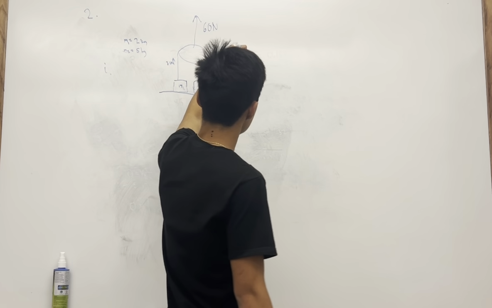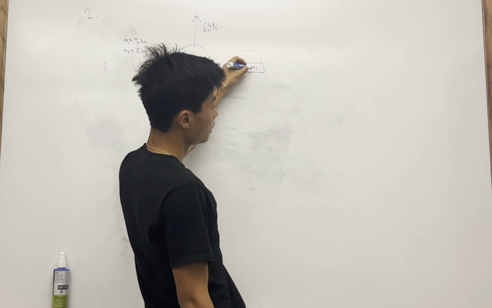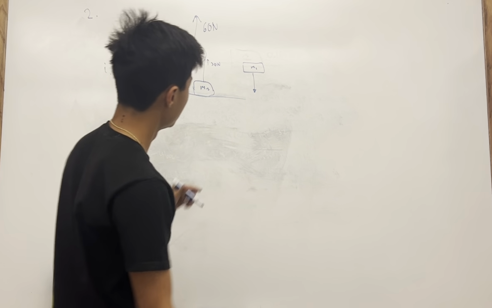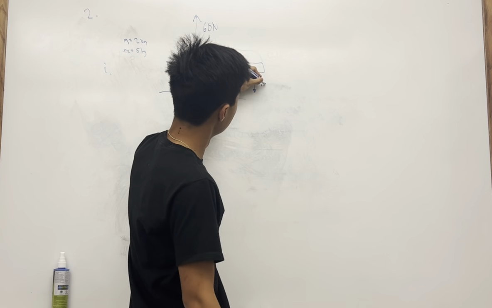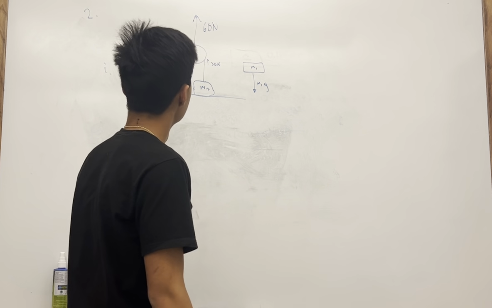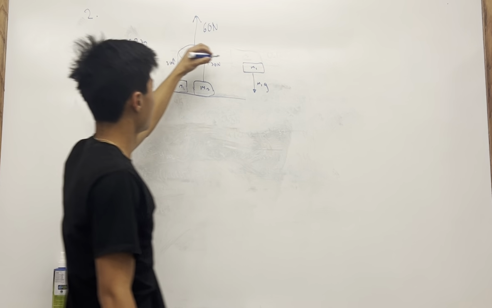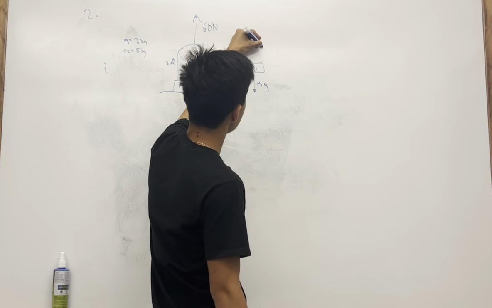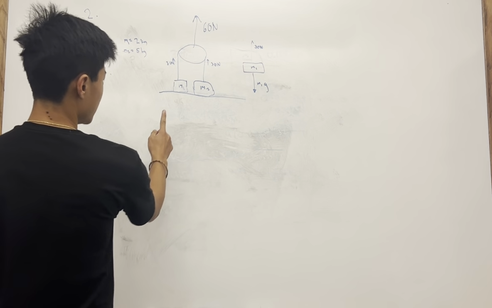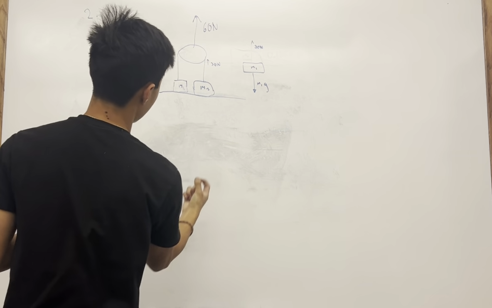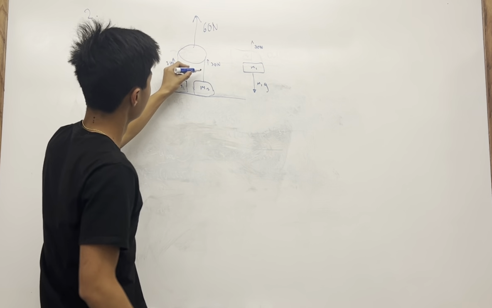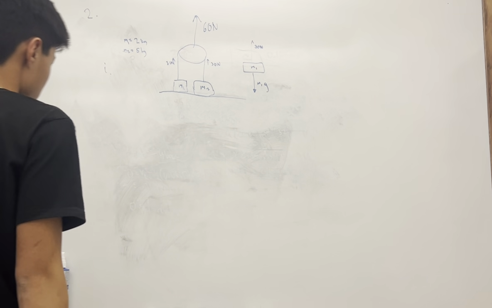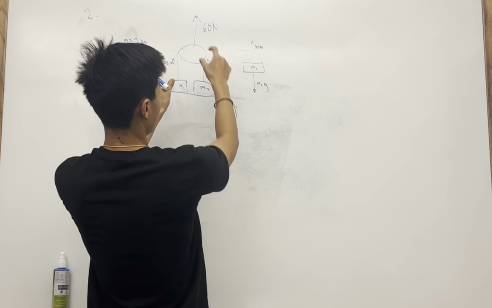Okay, for mass 1, it's being pulled down by gravity, which is mass 1 times gravity. We know it's being pulled up with 30 newtons of force. But also, once this is lifted, mass 2 will be pulling up.